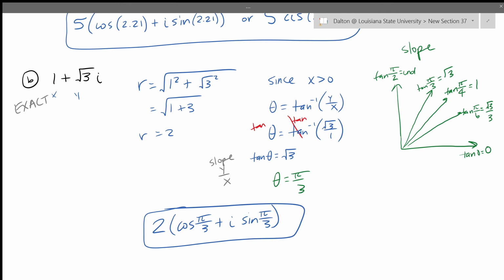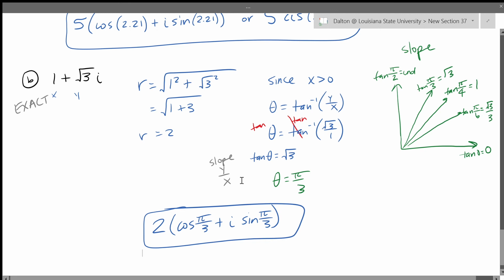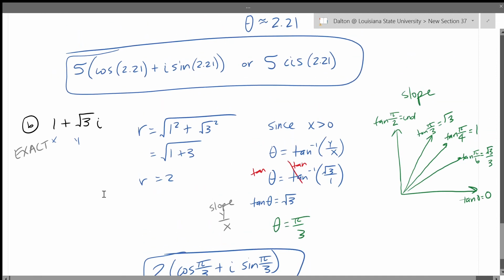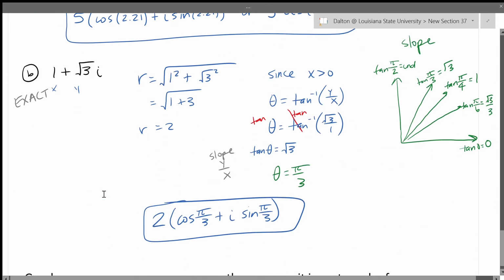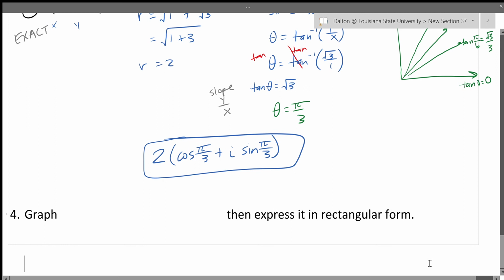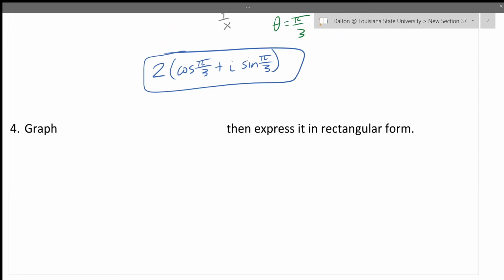Okay, last type of question. What number am I on? Did I keep numbering things? All right, so this would be number 4. I want you to graph the following number and then express it in rectangular form.